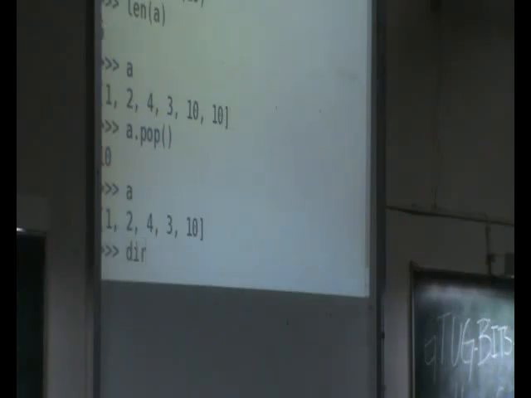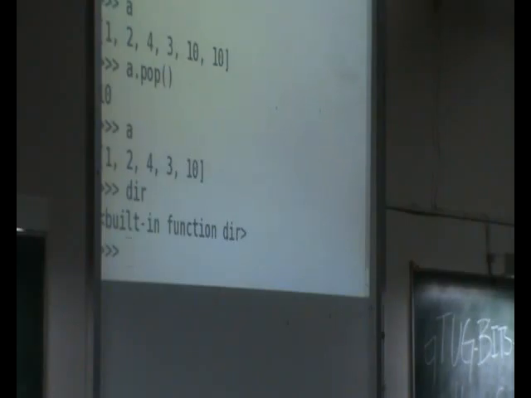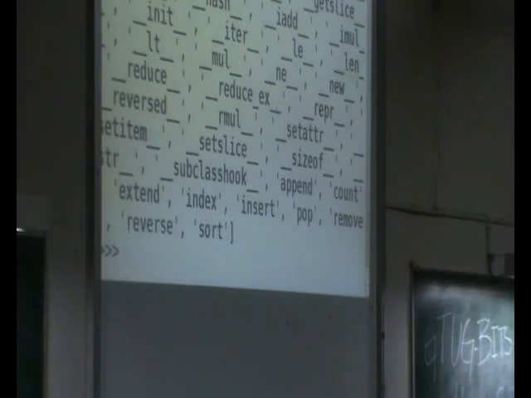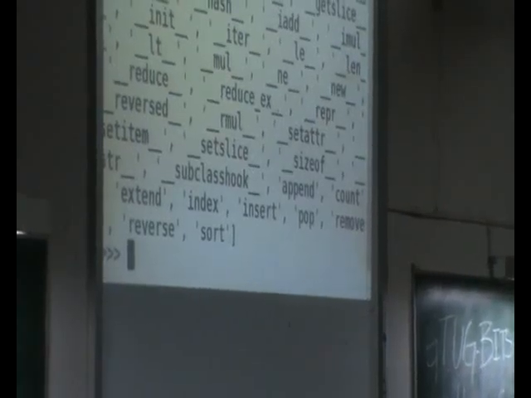It's called dir. dir is a built-in function. When I do dir of A, it gives me a bunch of stuff. If you look closely, you can see pop here and append there.